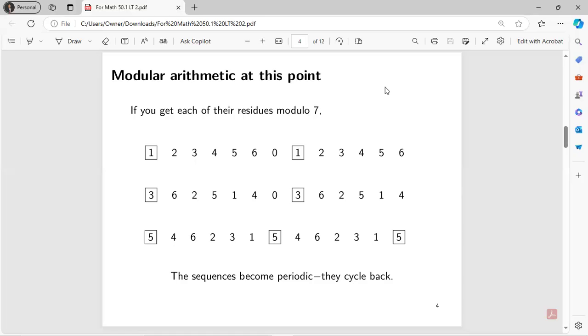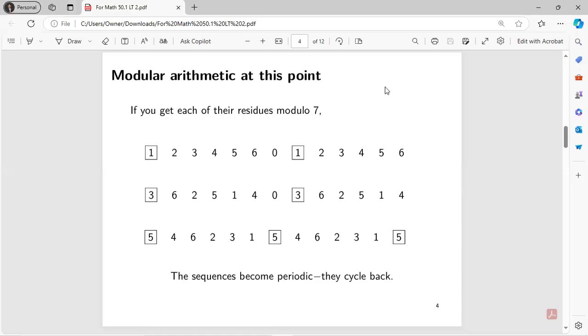And pagdating sa powers, since powers have a different story, how we handle their congruences is that for this case of 5, for example, powers of 5 to the k where k runs from 1, then it will go back to 5 again as a residue when k is equals to 7.